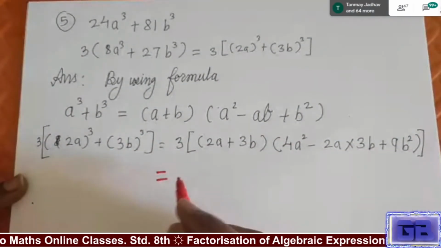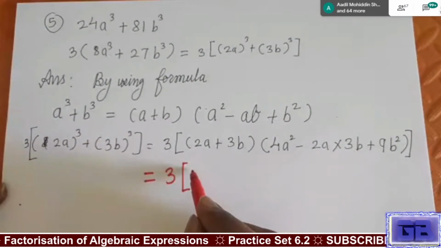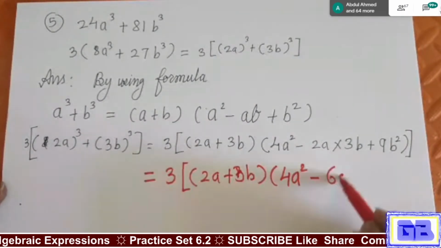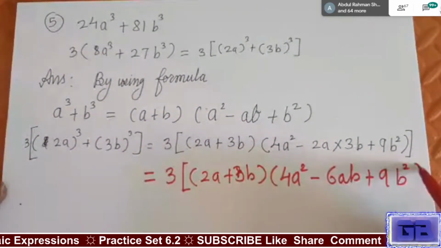And the answer is 3 as it is, 2a plus 3b, 4a square, 3 into 2, 6ab, plus 9b square.